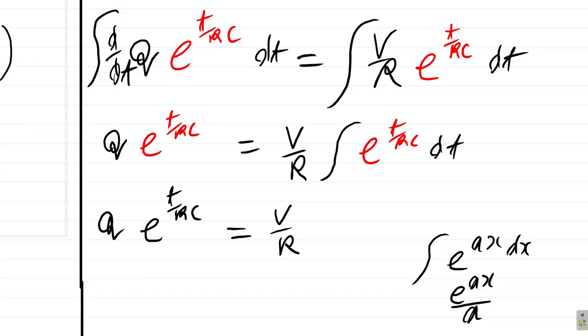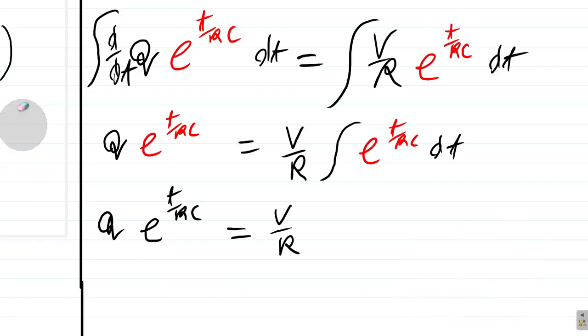If you don't remember, let me know so that I can link a video to it or show this again. So here, let me rewrite it in another way, 1 over rc by t dt.